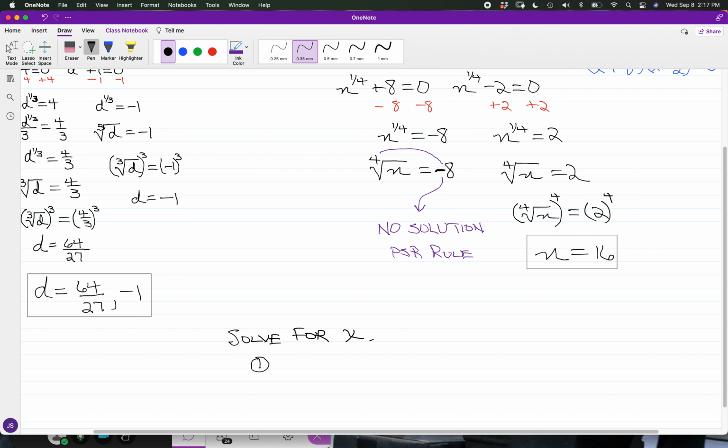And let's see what we get here, whereupon we say we have x to the fourth plus x squared minus 12 is equal to 0.